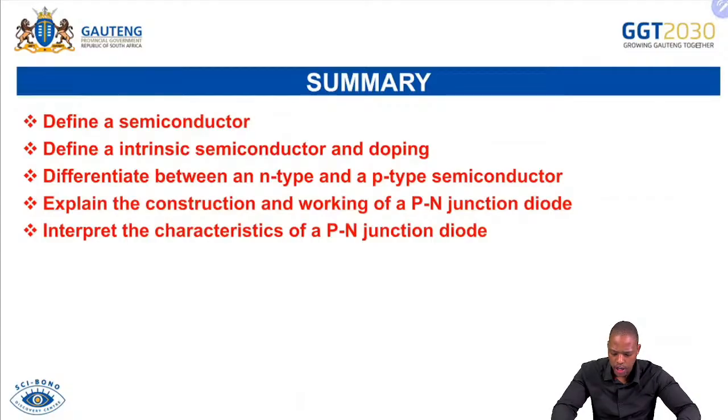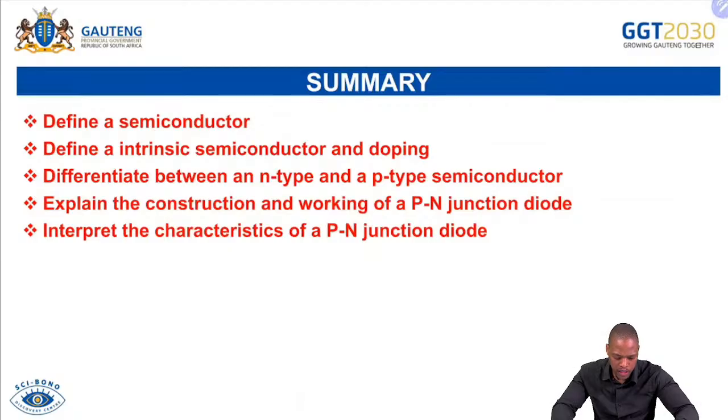Explain the construction and working of a PN junction. That's when you take a P-type semiconductor and an N-type semiconductor, and the electrons flow to the other side, creating a depletion region. But when you introduce an external source of energy in a forward bias, electricity is conducted. If you do it in a reverse bias, it will not be conducted. So the diode conducts electricity only in one direction.